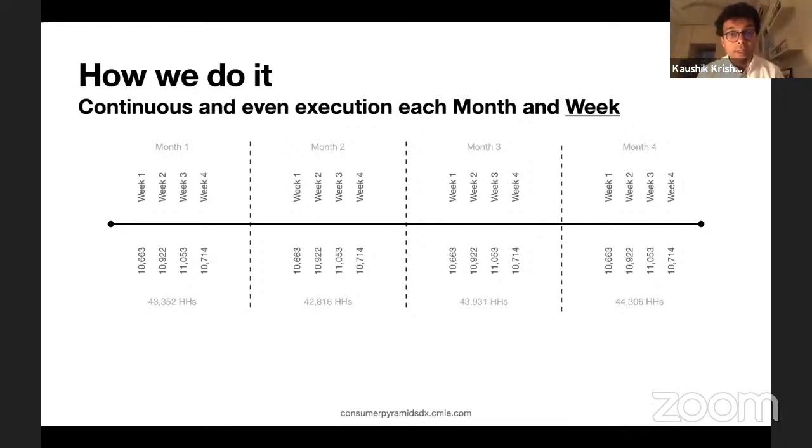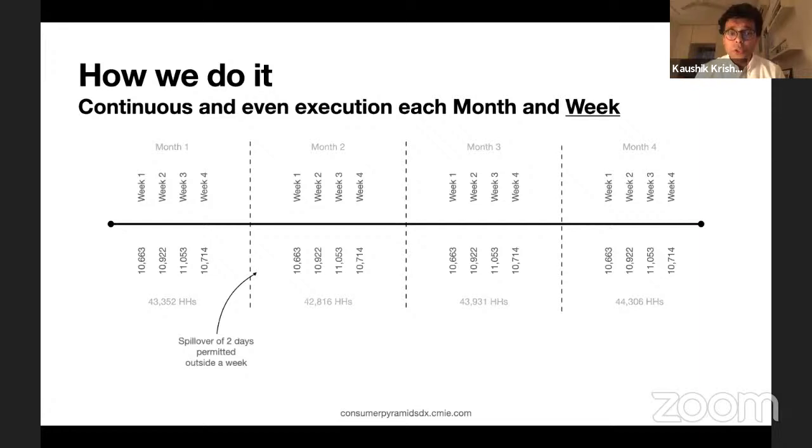There's another reason we do this, which is that we also provide fast frequency estimates. For example, many of you are users of our fast frequency estimation on employment, unemployment. All of that can only be done with confidence if we have an even execution of households across time, as well as an even execution of households geographically across space.